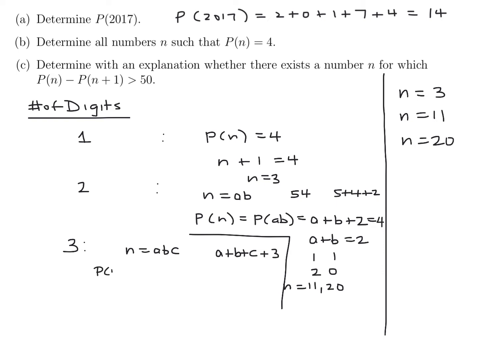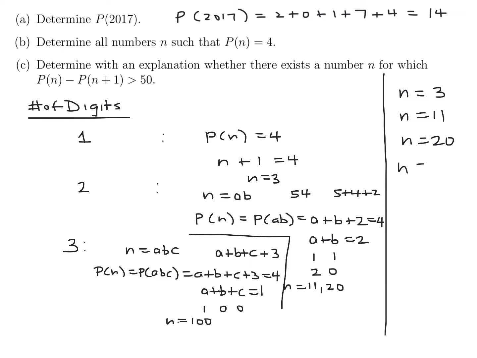So p of n, which is essentially the same as p at a, b, c, is a plus b plus c plus 3. And they're saying that is equal to 4. So that means a plus b plus c is equal to 1. So what are my scenarios? I think the only one is just 1, 0, 0, because you can't have 0 as a because that would no longer make a 3-digit number, right? So that means n, the only possibility here is 100.